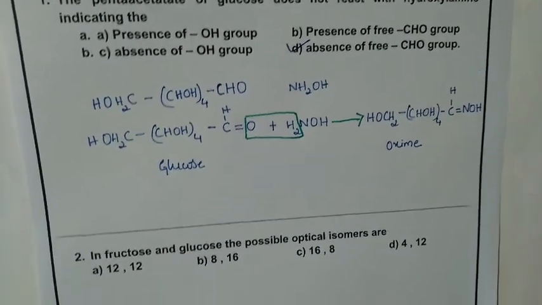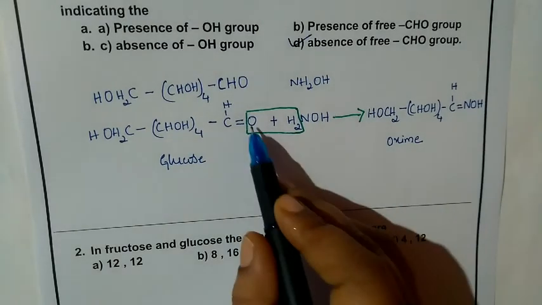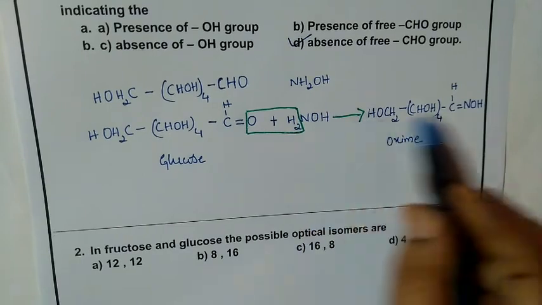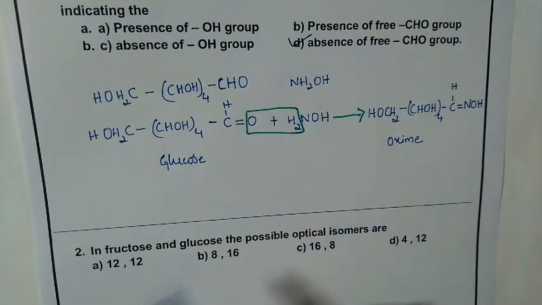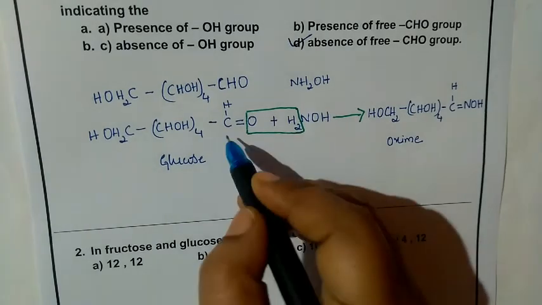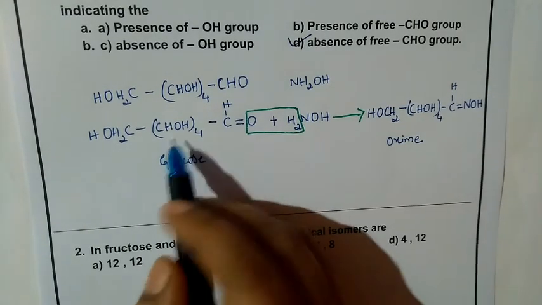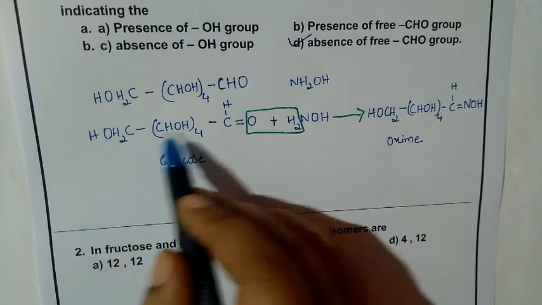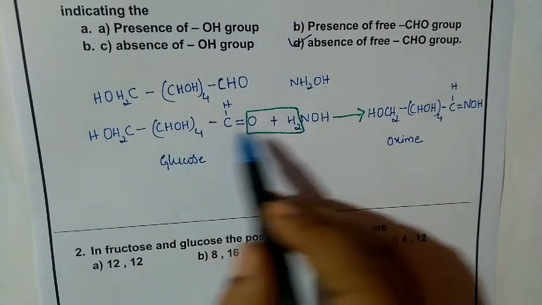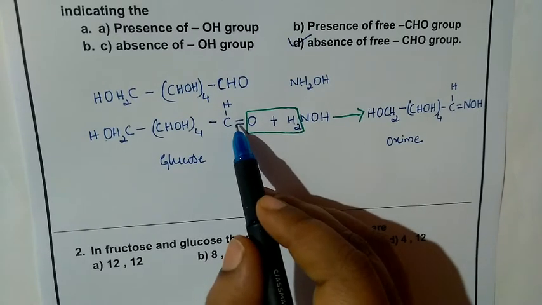So instead of O, the remaining part of hydroxylamine, NOH, has been attached. This happens only if the aldehydic group is free. You have many hydroxyl groups in the compound, but hydroxylamine does not react with OH groups. It reacts only with the aldehydic group.